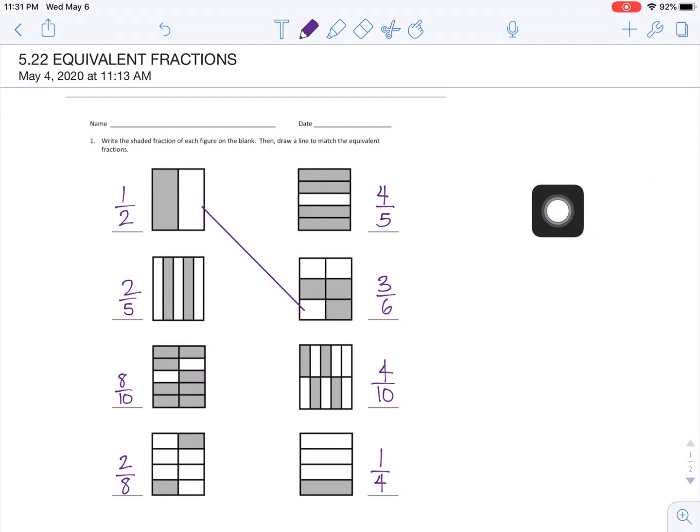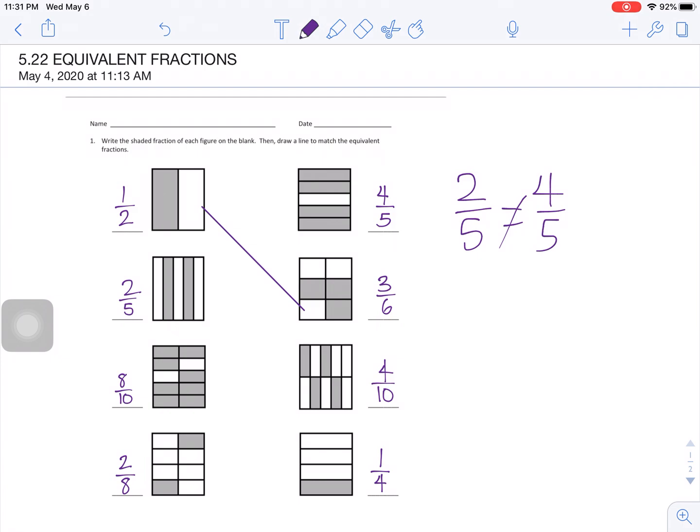Let's look at the next one, 2/5. Now, if we want to have an equivalent fraction, can 2/5 equal 4/5? Is 2/5 equal to 4/5? No, it is not. So we know that it can't be that one.